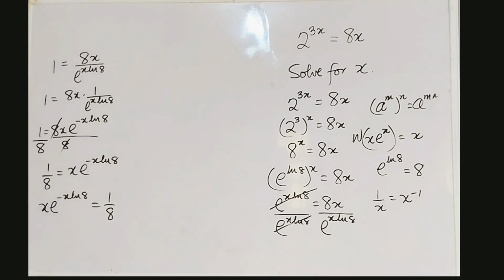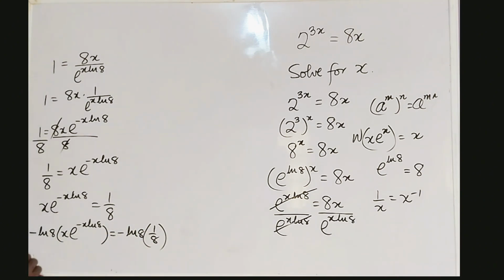So here we have negative ln 8 times x e raised to the power of minus x ln 8 equals minus ln 8 into 1 over 8, right?